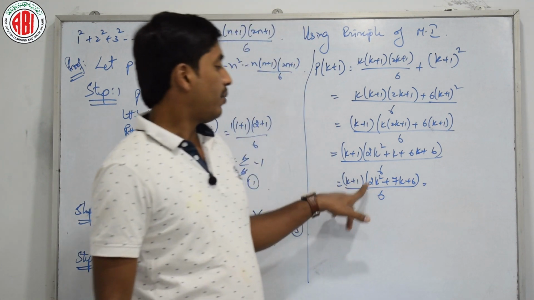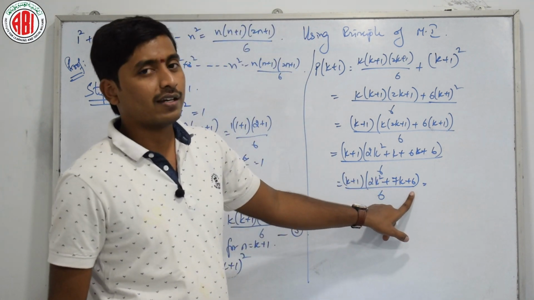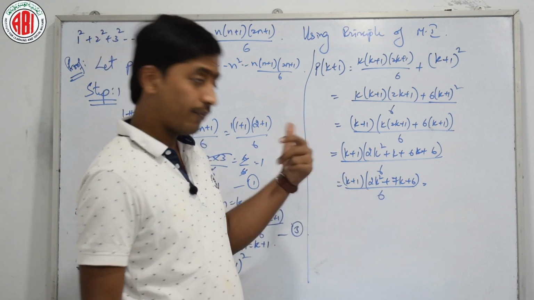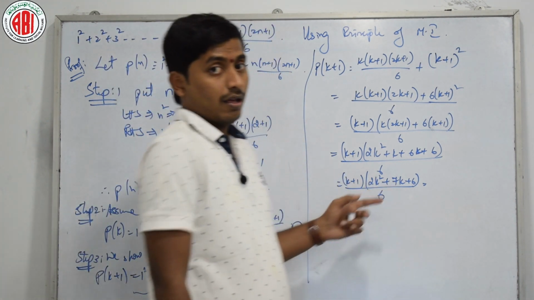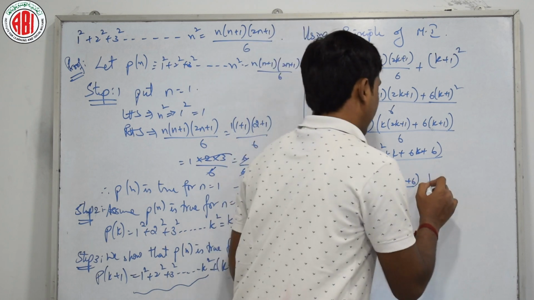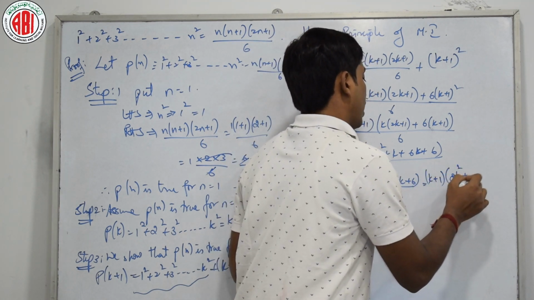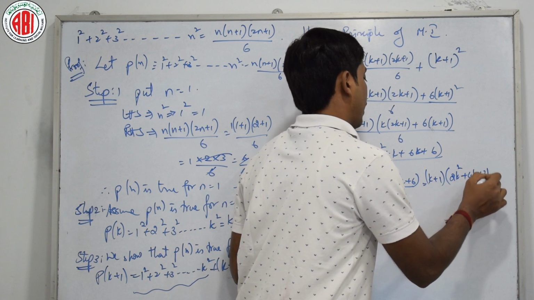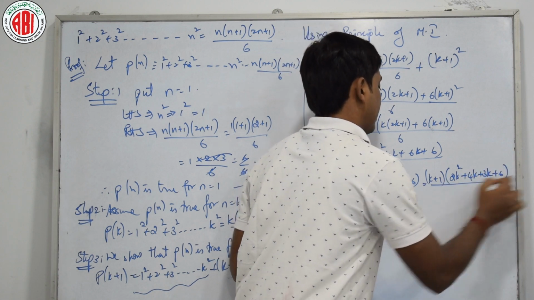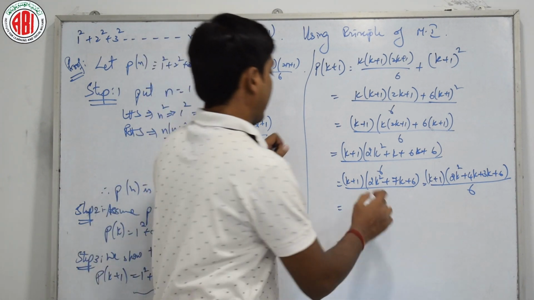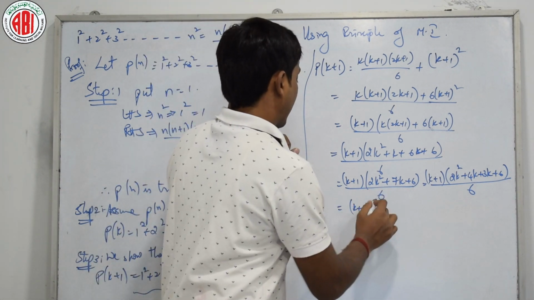Now tell me, 2 sixes are 12. What are the factors of 12? Let us factorize it. 4 threes are 12, right? Fine. 4 plus 3 is 7. We can do it. Then k plus 1 into 2k square plus 4k plus 3k plus 6, divided by 6. And the next, k plus 1 will be as it is.